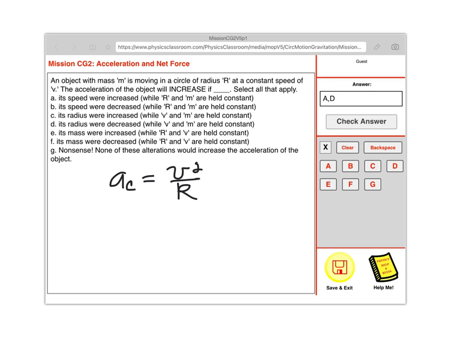And so that would lead us to increased velocity would increase the acceleration as r is constant, and decreasing r would increase the acceleration if v is held constant, and the mass only affects the force. So increasing the mass, if we keep these things constant, then the acceleration doesn't change.